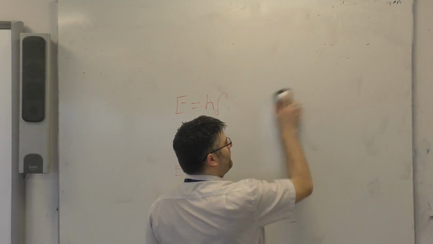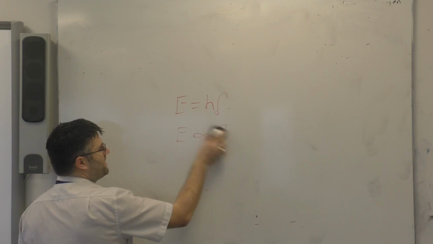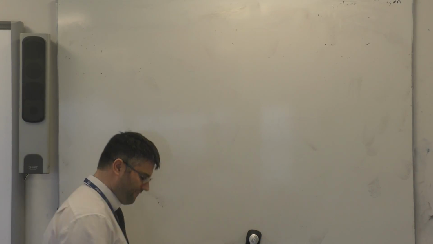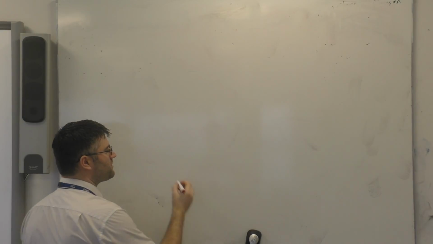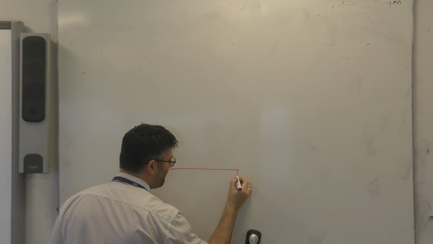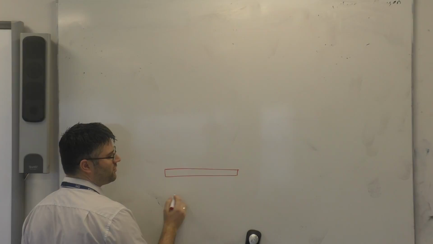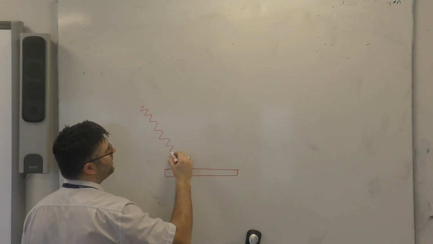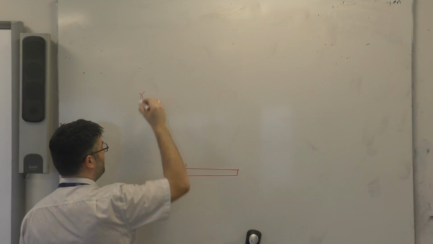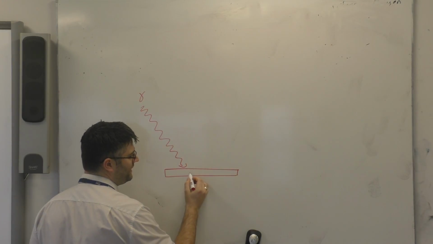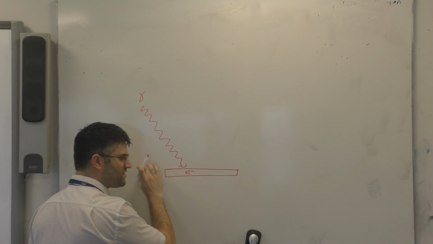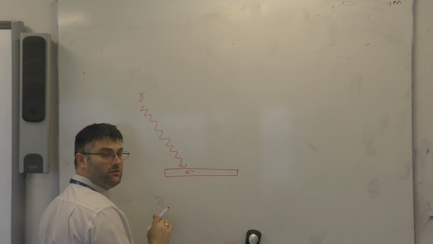Now, the concept of quantization of photons is more important when we study the photoelectric effect. The photoelectric effect is where photons interact with electrons in a material and allow them to be released. So in comes our photon, and effectively it interacts on a one-to-one basis with electrons in the surface of this material.